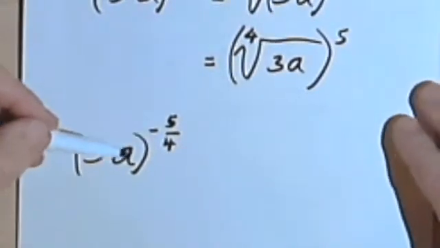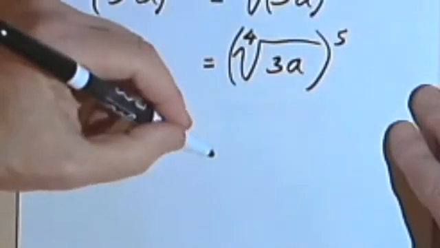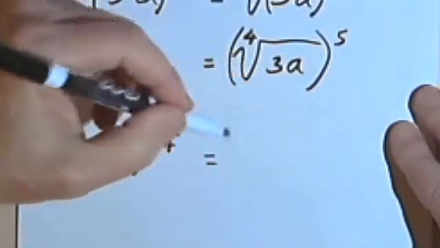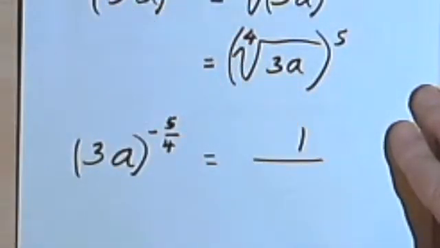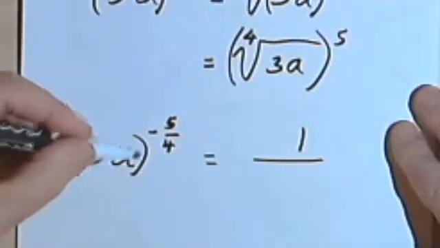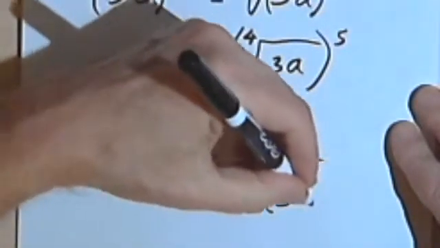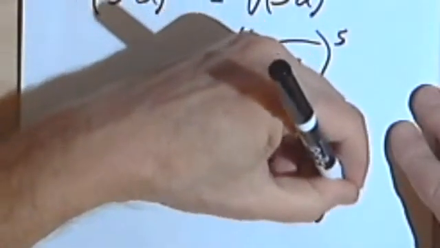That rule said that if you have some base with a negative exponent, you can turn that into a fraction so that whatever you had in the negative exponent goes in the denominator. In other words, 3a to the negative 5/4 is the same as 1 over 3a to the 5/4.